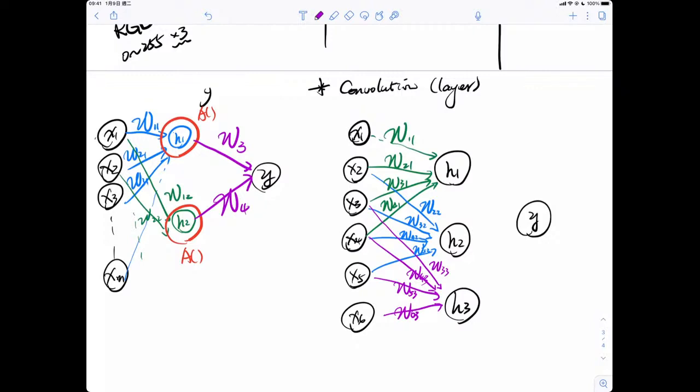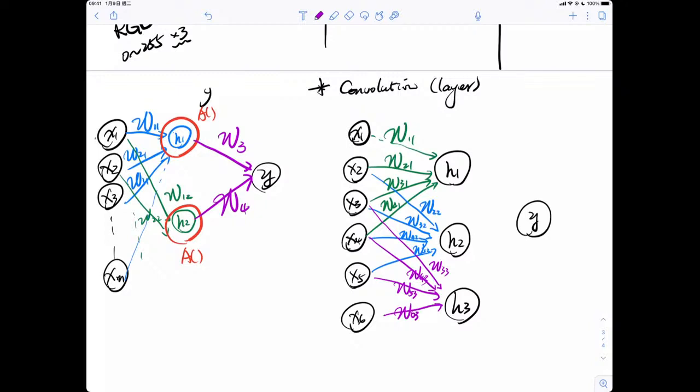It is just one way to represent the convolution layer, but conceptually it is not necessary to do so. Most of the libraries do so. So the green, blue, and purple weights are identical.